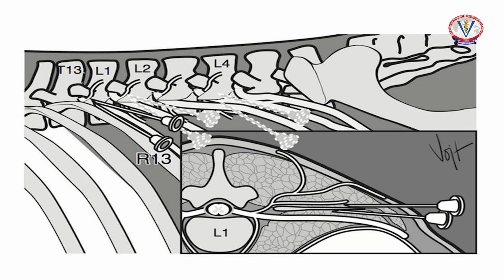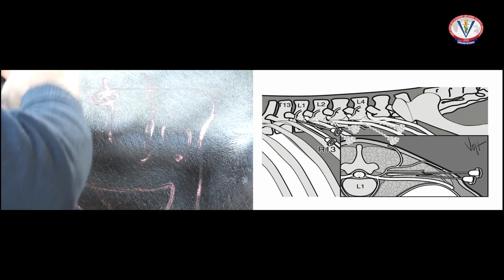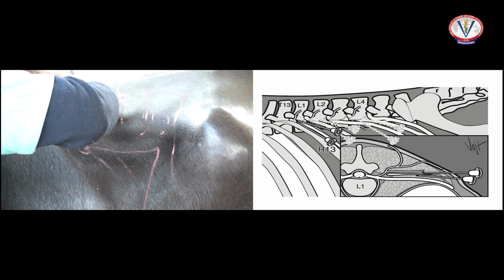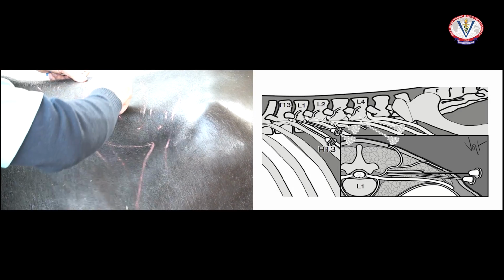In the distal paravertebral nerve block, the dorsal and ventral branches of spinal nerves T13, L1 and L2 are desensitized at the distal ends of the first lumbar, second lumbar and fourth lumbar vertebrae.